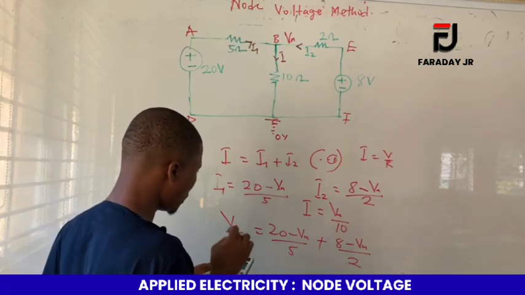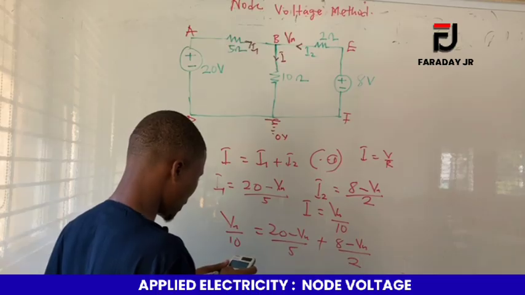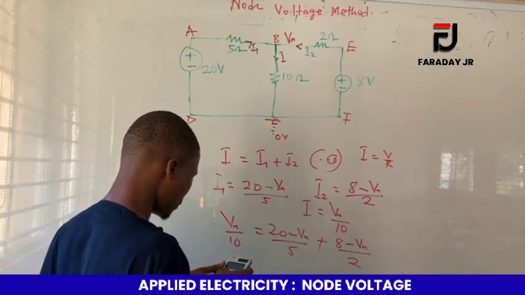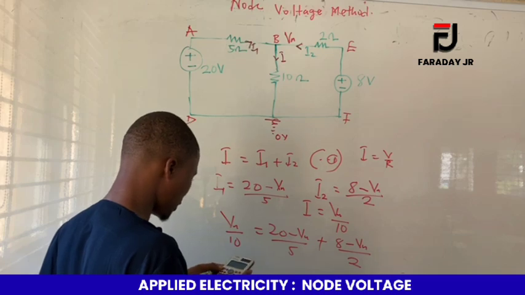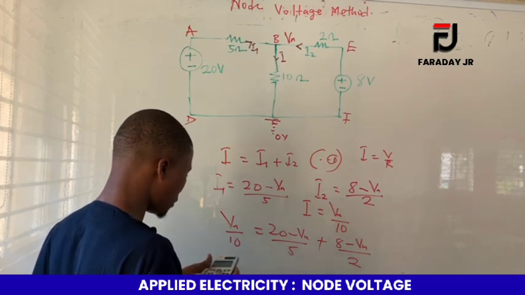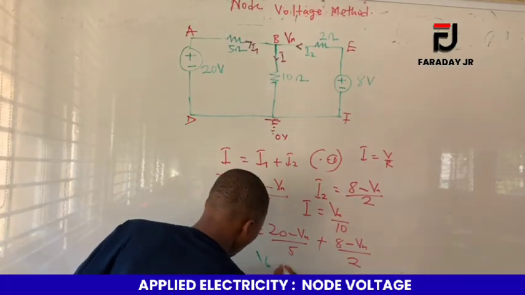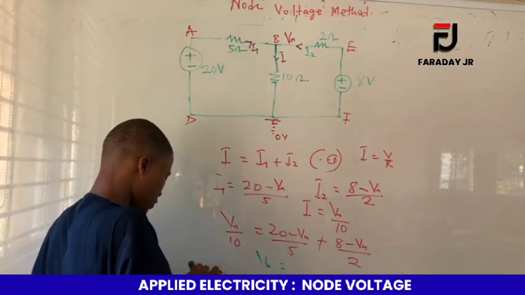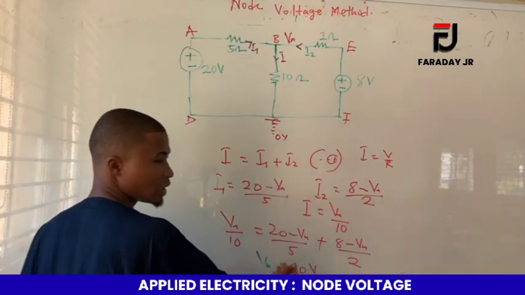Oh sorry, the first one was X, so alpha X, then shift, calculate, equal to. So I got the value of X, which is Vn equal to 10 volts.